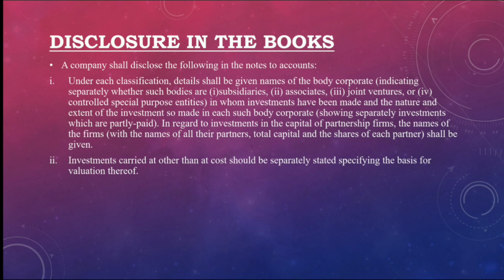Sometimes companies make investments not on the basis of the market price but on the basis of some other valuation, which depends on the company. So that information also has to be specified here.